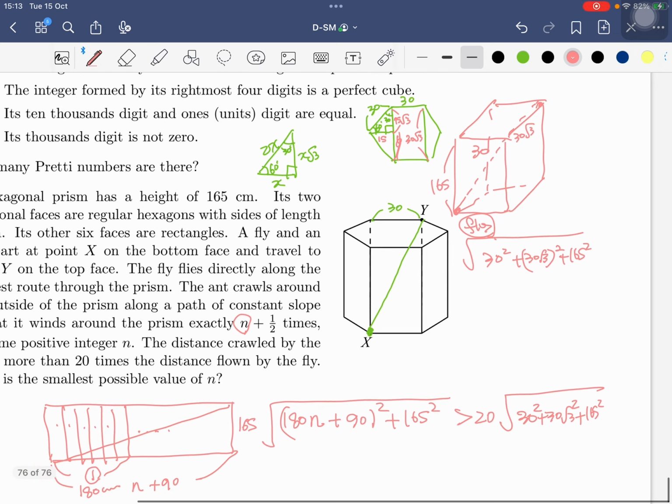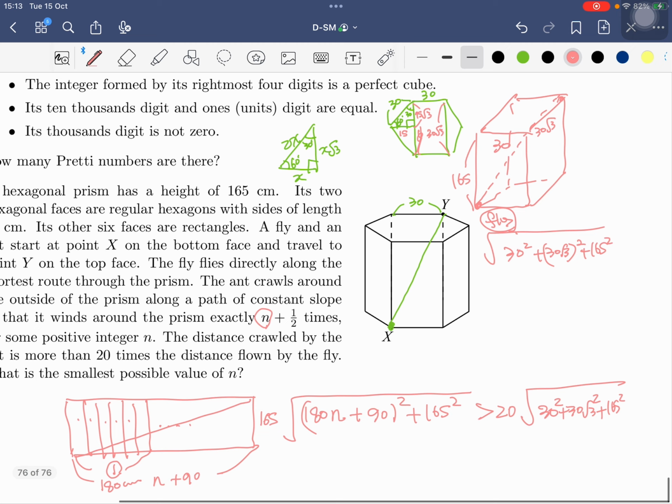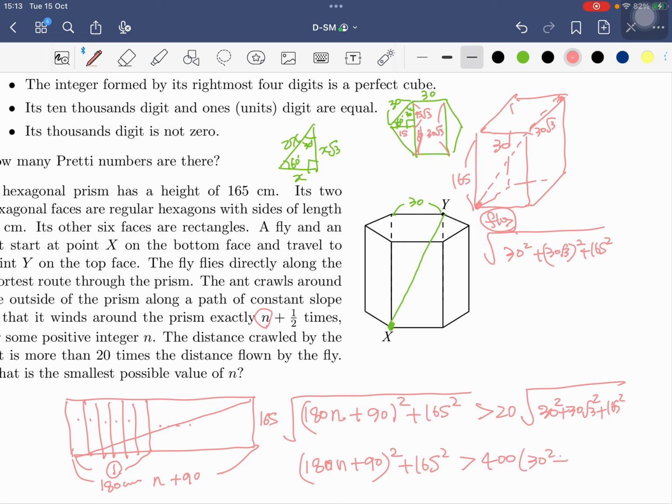So let's calculate it. Here we have 180n plus 90 squared plus 165 squared. I'll make them squares on both sides: 400 times 30 squared, plus 3 times 30 squared, plus 165 squared. Let me calculate it with the calculator.